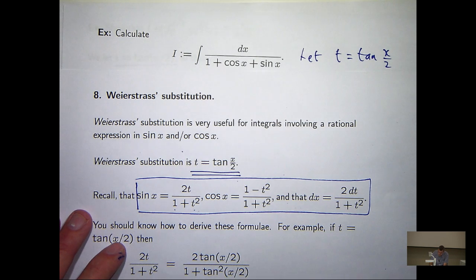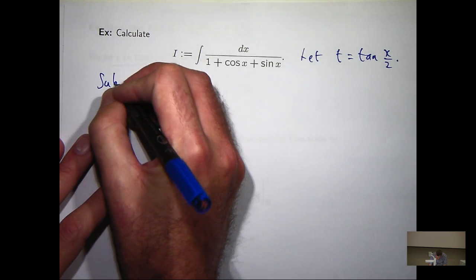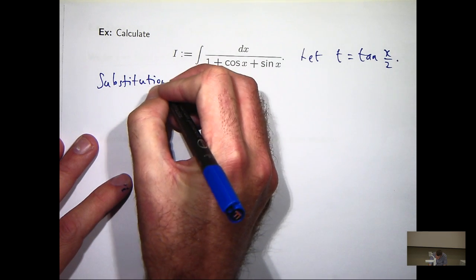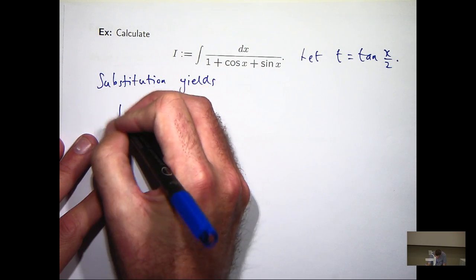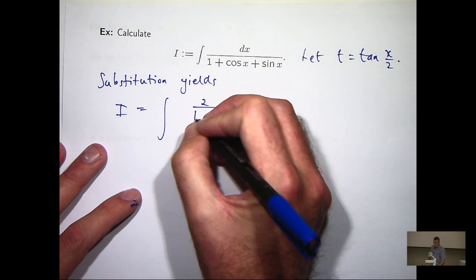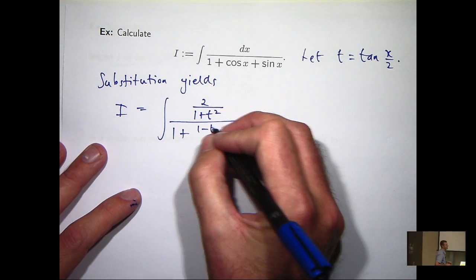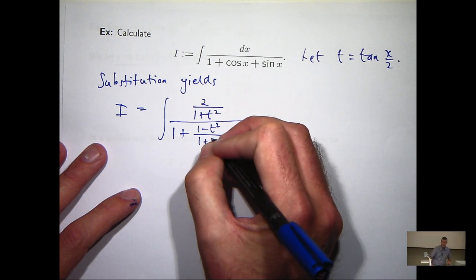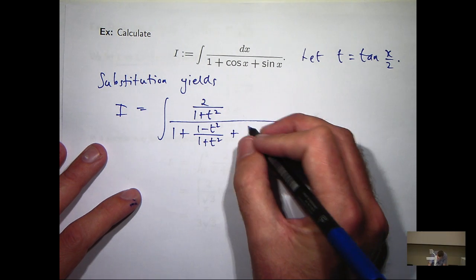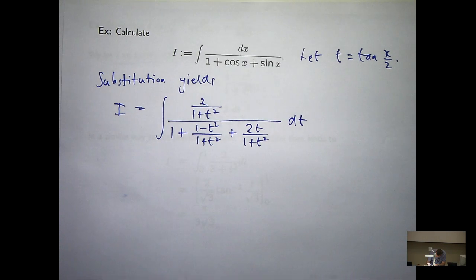So we're going to get a lot of t's. So we've got a big mess. All we need to do is simplify and then perform the integration.